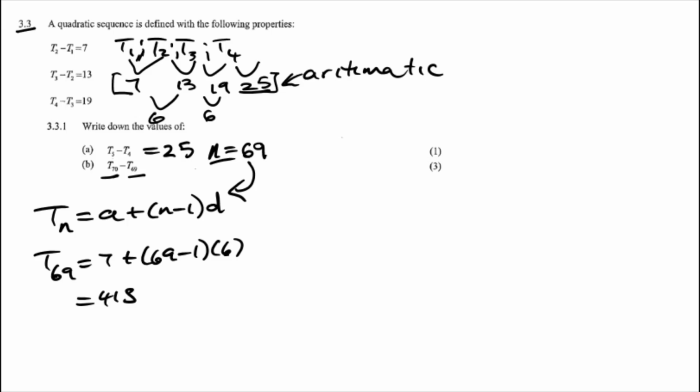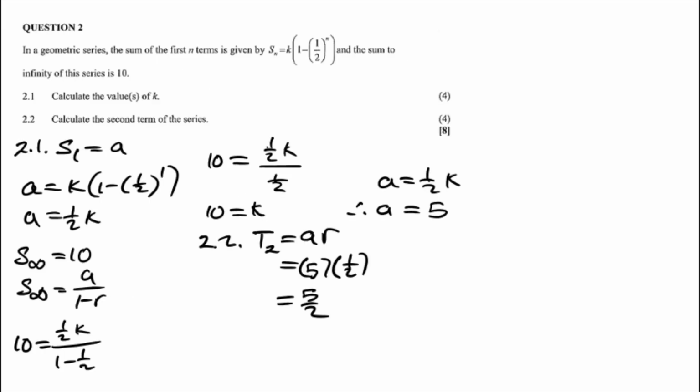Let's just do a recap of how we answered our questions here. We started off with question 2. Question 2, we were asked to find k. We were given the sum to infinity and also a sum expression for the sequence.